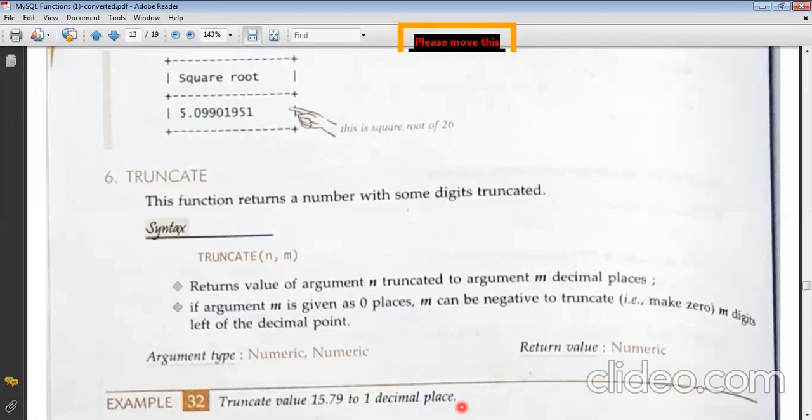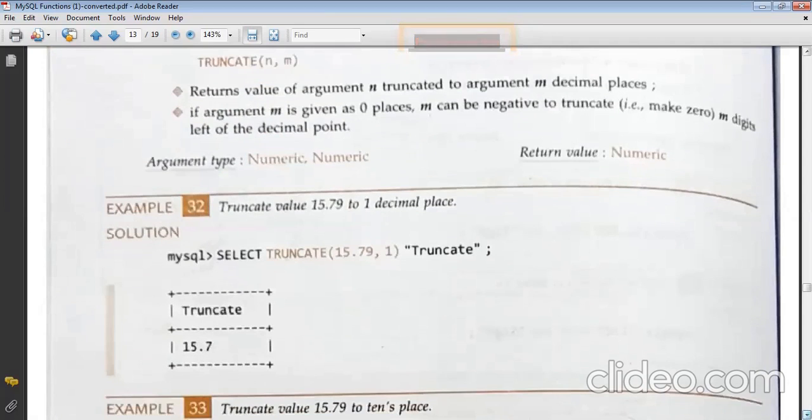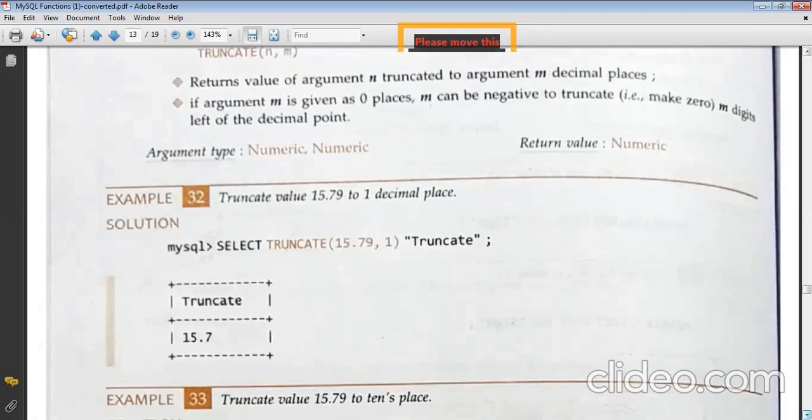And what will be the output in that case? 15.8. Sorry, yeah, 15.7. It will be 15.7 because for truncate it really doesn't matter what number follows. It will be 15.7 only.